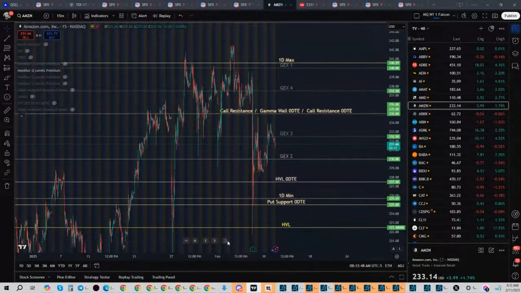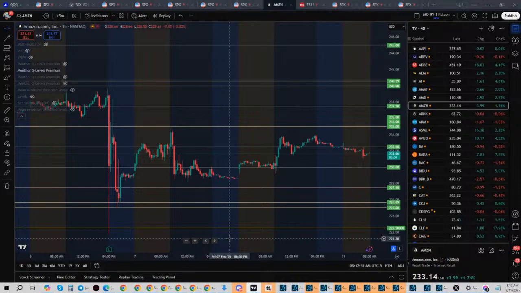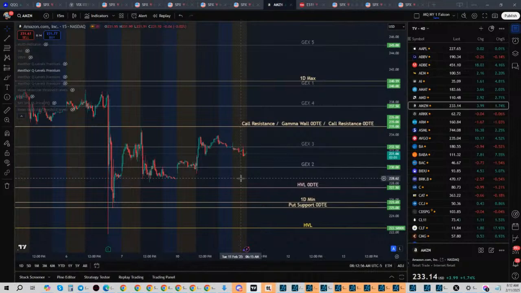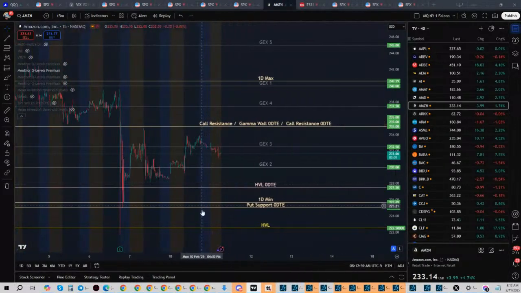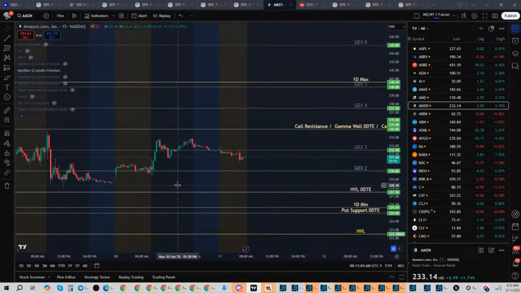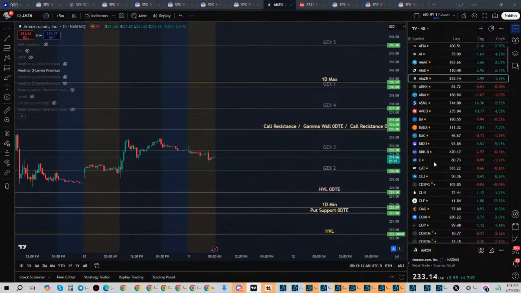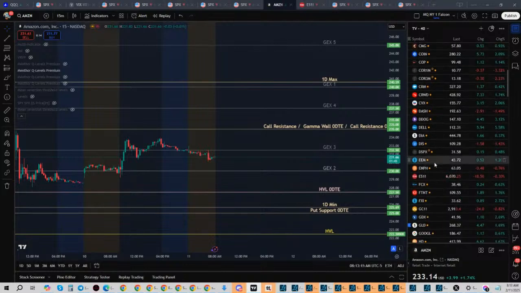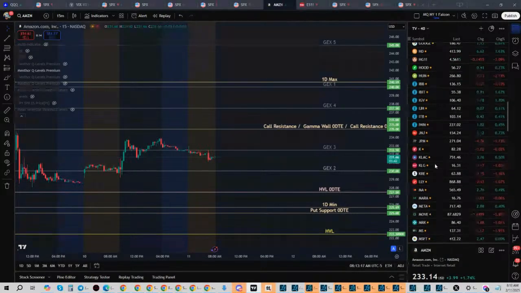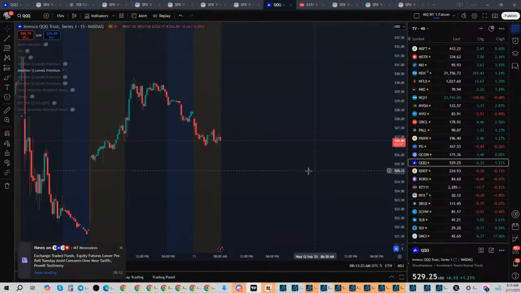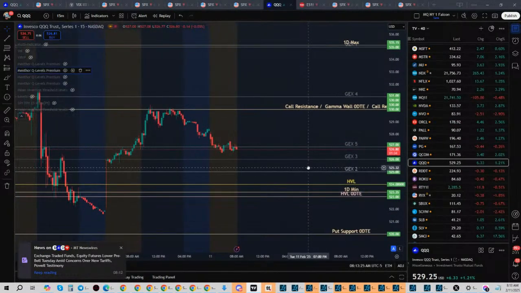Let's take a peek at Amazon. Amazon is holding on to its levels from after earnings, heading toward resistance. And let's look at the QQQ, which is a good default for the levels that are going to influence the SPX as well because of their large weight.